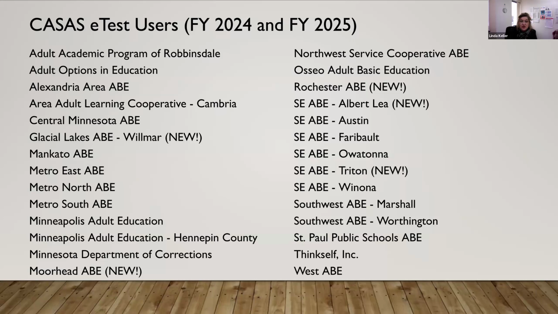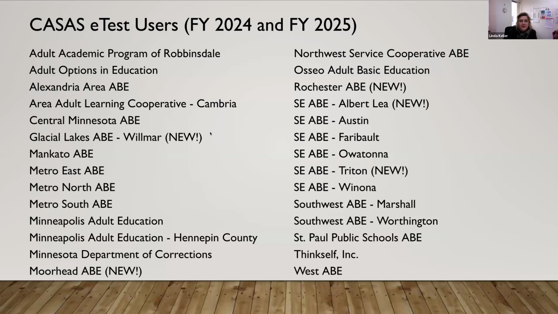And there's quite a large list here of CASAS e-test users here in Minnesota. There are some new programs who have just begun using it, and those are the programs that have new indicators behind each of their names. So some programs are newer than others. Some programs have been using it under 6 months, and some programs have been using it for several years.